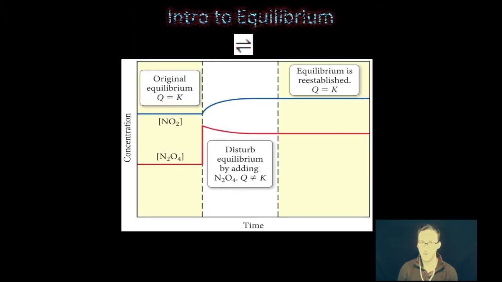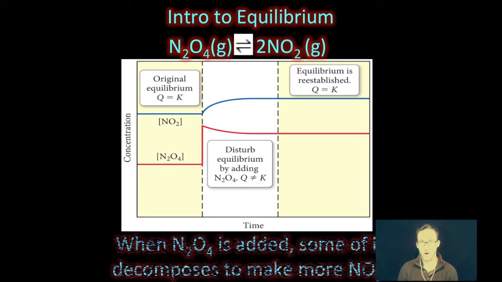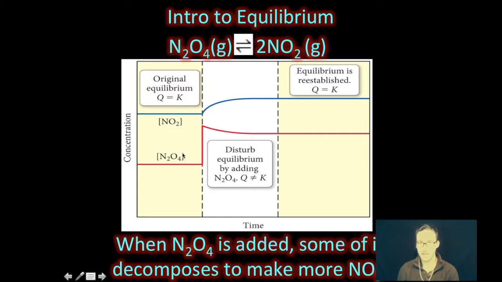As you take a quick look at the figure that's in your notes, you are provided with a graph for this reaction between N2O4 and NO2. Recognize that we add N2O4 and it shifts to form more NO2.